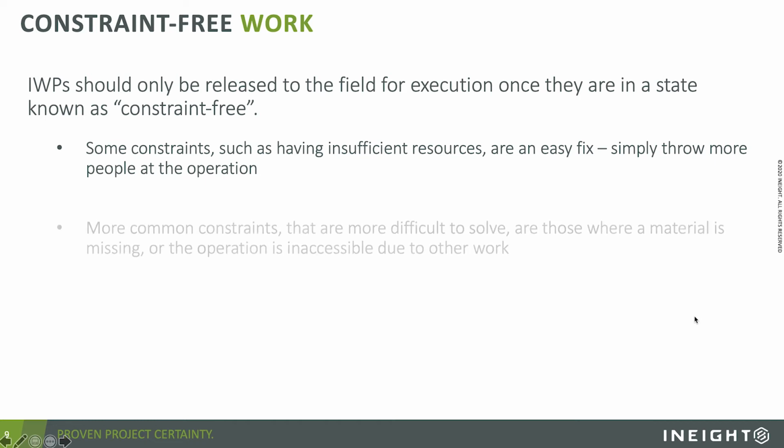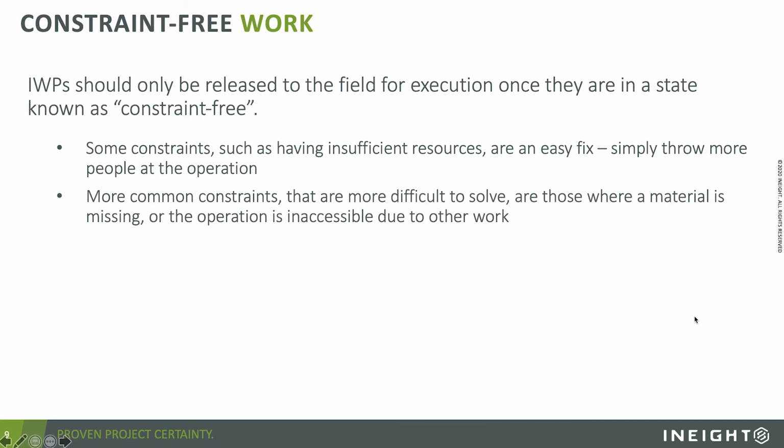But the constraints that we're after when it comes to advanced work packaging are the ones that are difficult to solve, like missing material, like an operation not being able to commence because there's something in the way, or a lack of coordination.